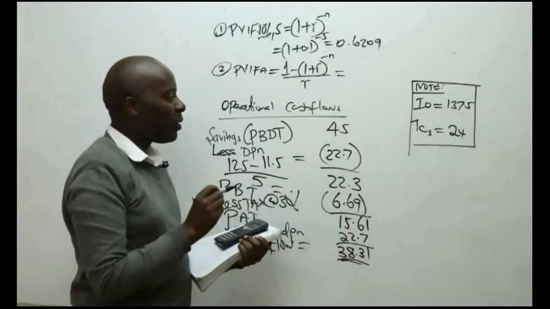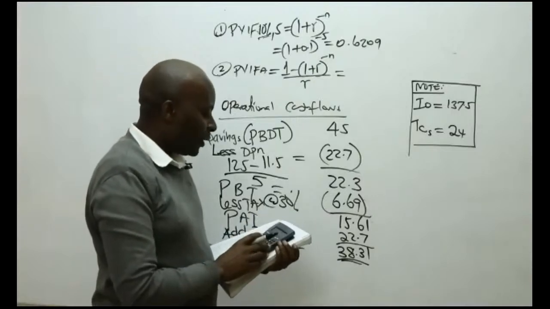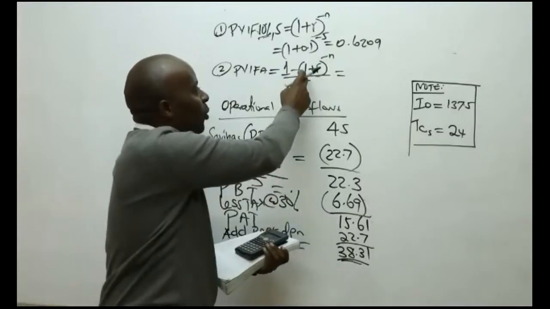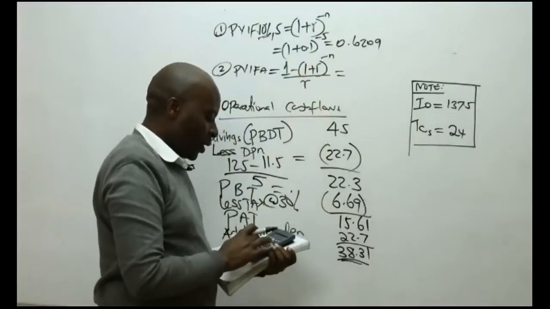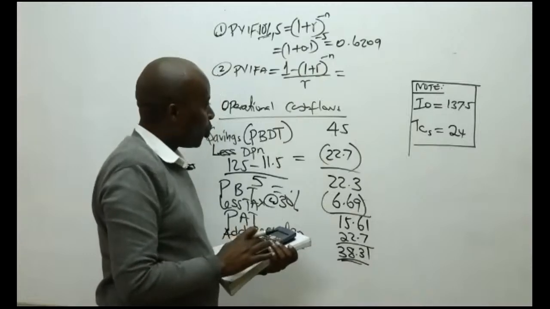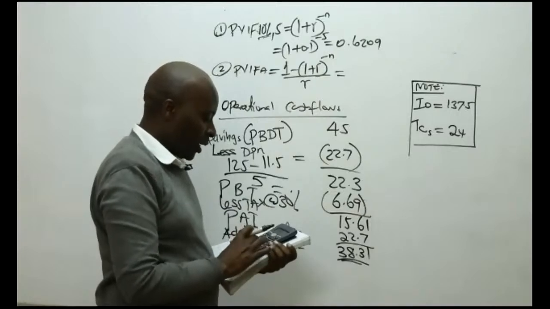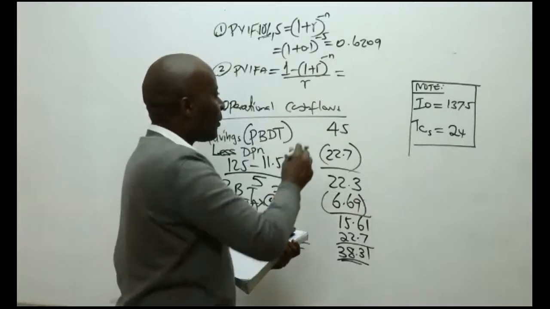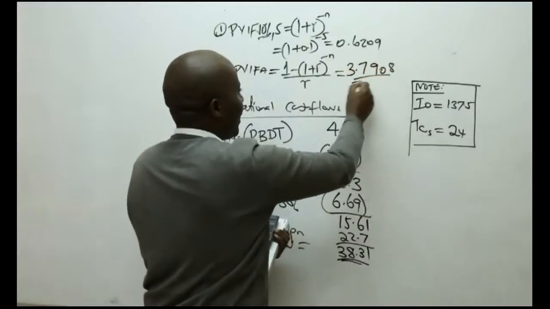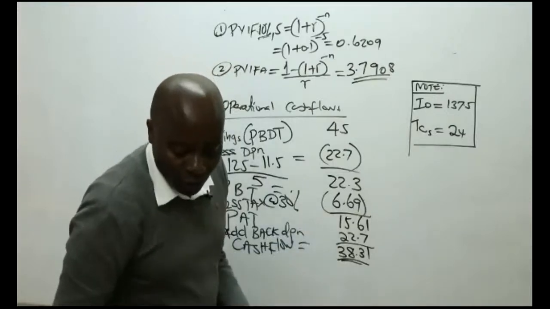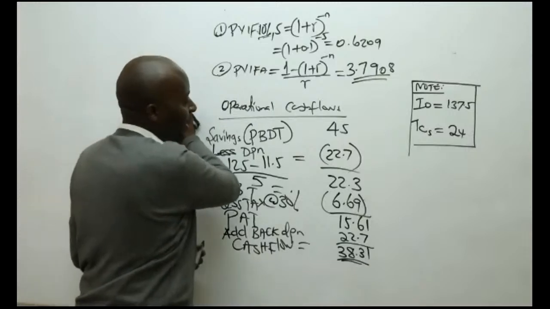I know this is 1.1, so I'll talk of 1 minus 1.1 raised to negative 5, and you divide this by 0.1, which at the end of the day will give us 3.7908.